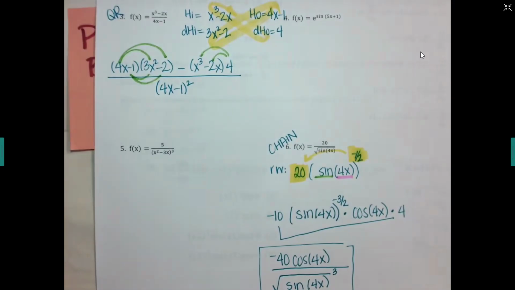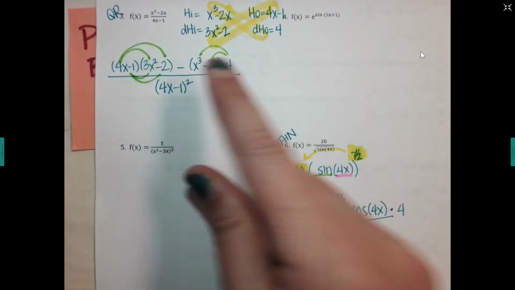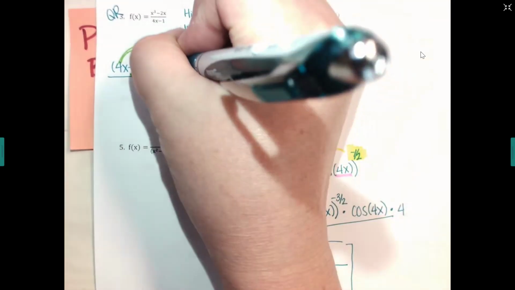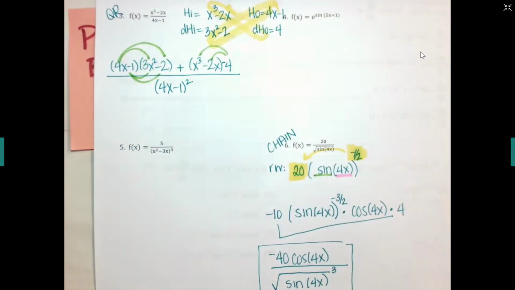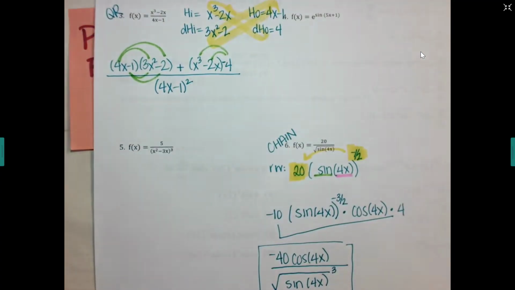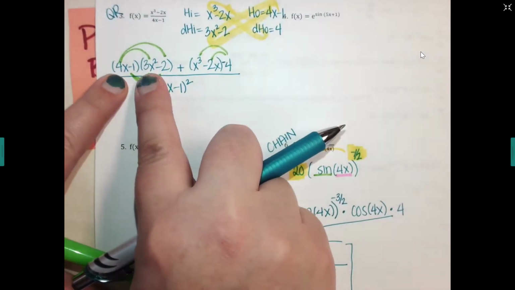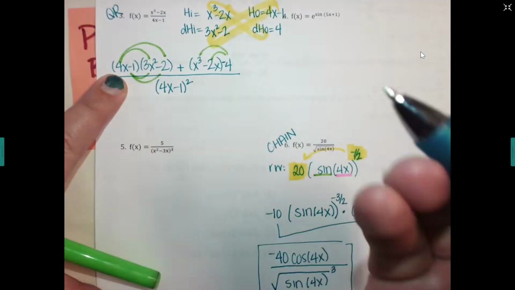Now, what I would suggest for the minus is rather than keeping the minus here, let's move it to already be on the 4 so that you don't have to worry about forgetting that the subtraction applies to both. Okay? So 4x times 3x squared, this is first times first. That would be what?